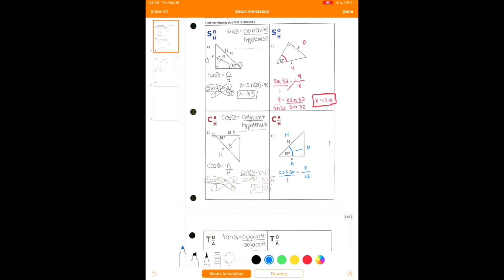And again, just like Miss Daly did on the left, I'm going to cross multiply. So I have 1x equals 32 cosine 50. And then I'm just going to plug that into my calculator, in which I get 20.6 as my answer.